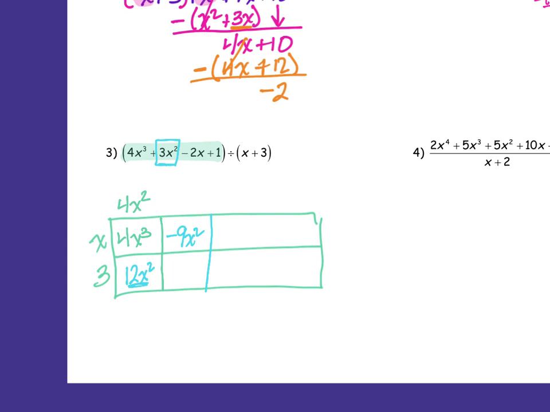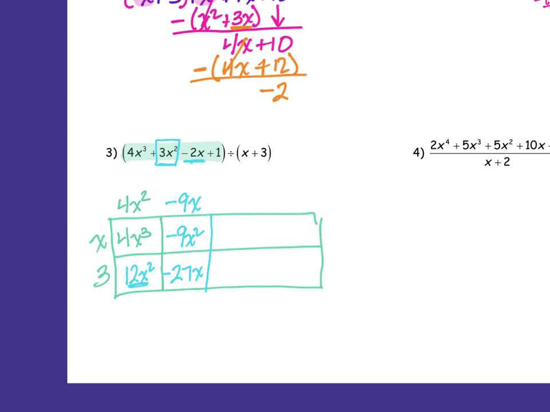So now I just start the process over again. What do I multiply x by to get negative 9x squared? Negative 9x. And then negative 9x times 3 is negative 27x. And then I have this term, and I need to get a negative 2x.